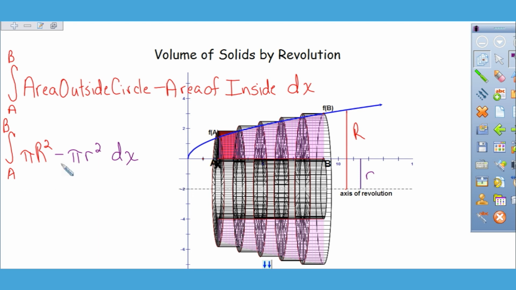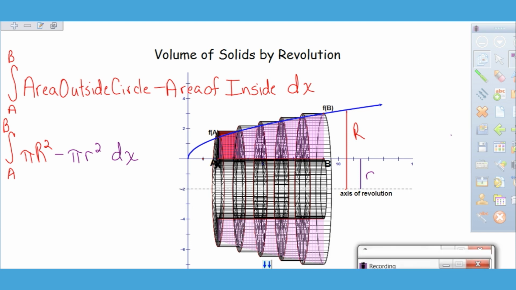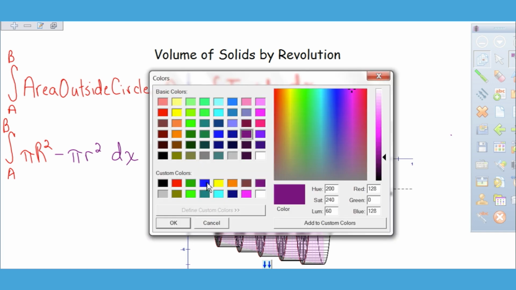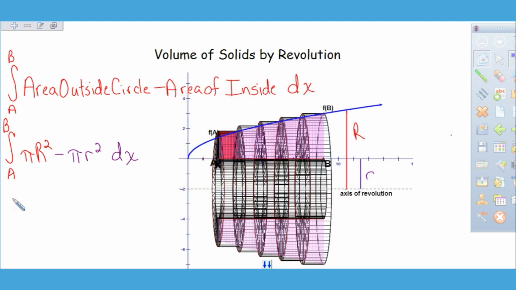So to make this a little simpler, we're going to factor out the pi. So it's pi, adding up all those areas of the circles, we'll just take the pi out, of big R squared minus little r squared. Area of the outside circle minus area of the inside circle.